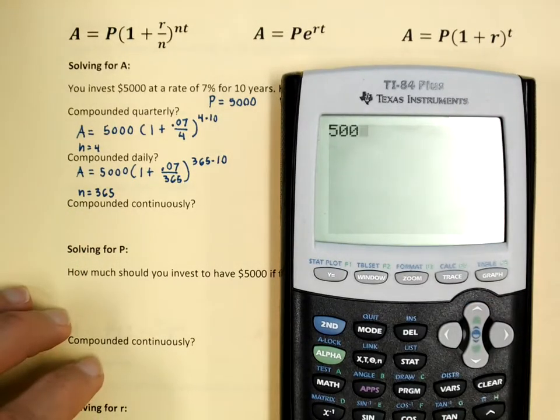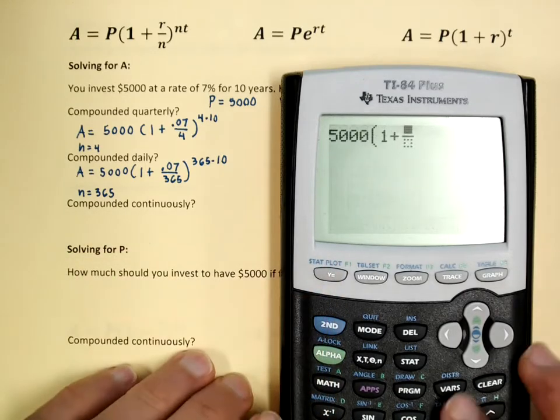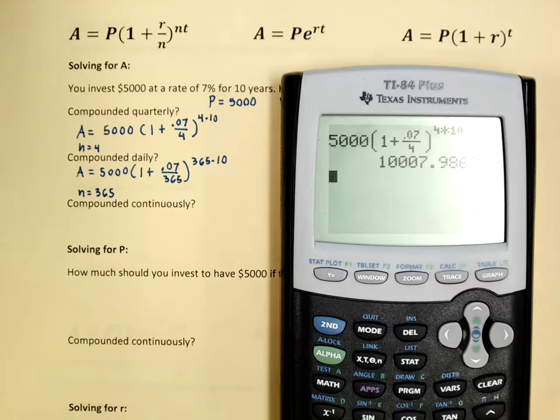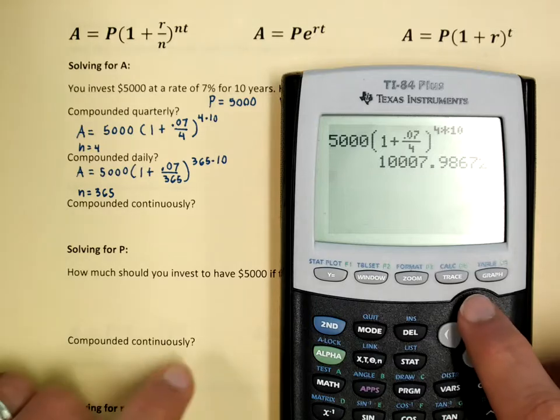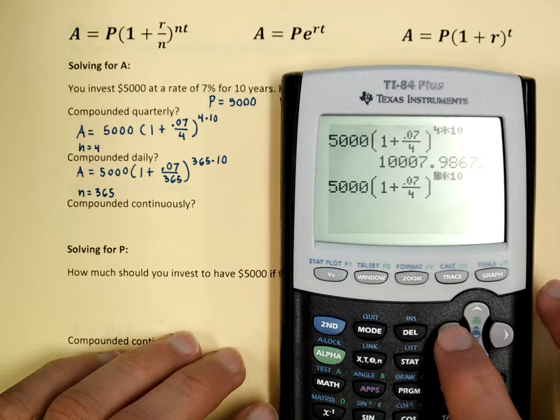So let's just write the first one. We have 1 plus 0.07 over 4, to the power of 4 times 10. So that's that answer. What I'm saying is if you already have this one, just press the directional button up, highlight it, copy it, and change those numbers.